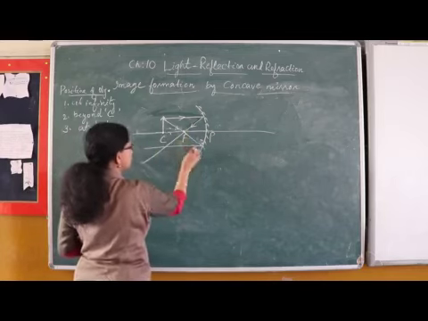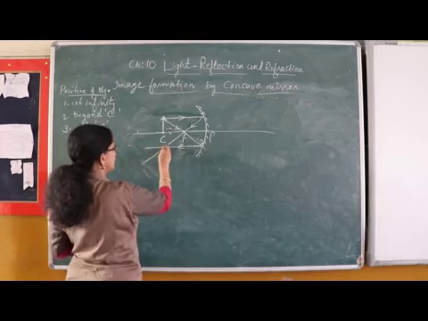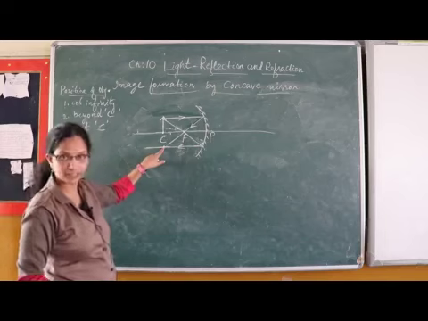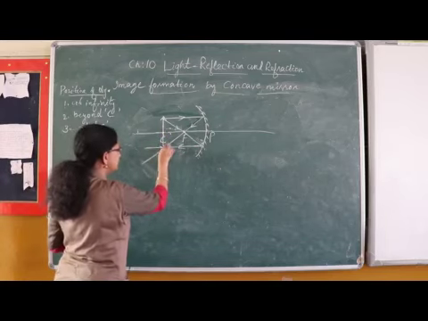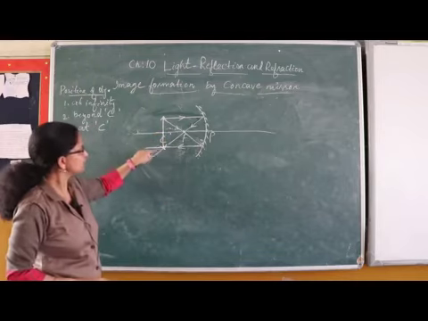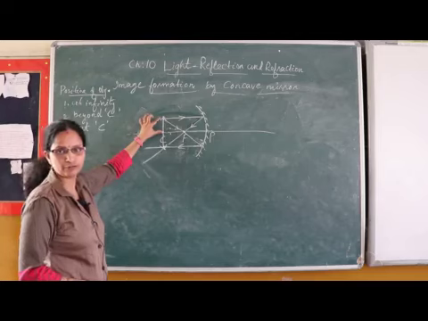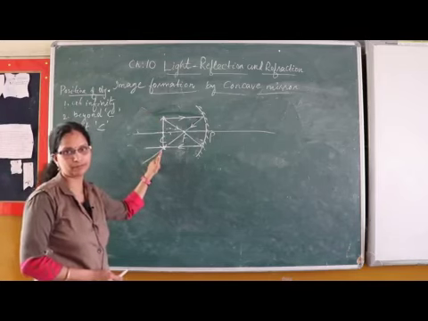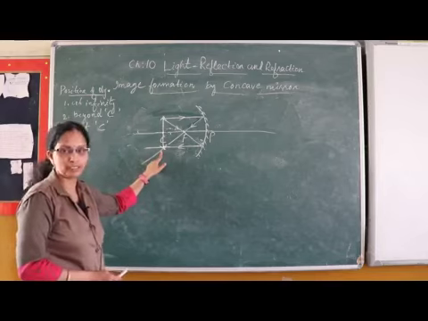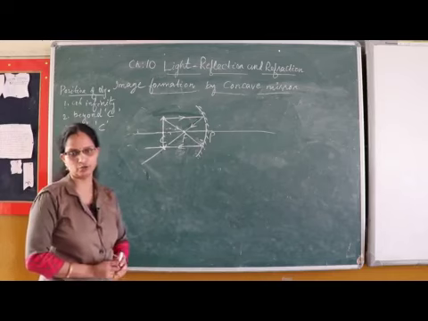So we can see these two rays after reflection meet at a point here, at the center of curvature itself. So when the object is kept at the center of curvature, the image is formed at the center of curvature itself, the same position, but the image is upside down, that means an inverted image is formed here.